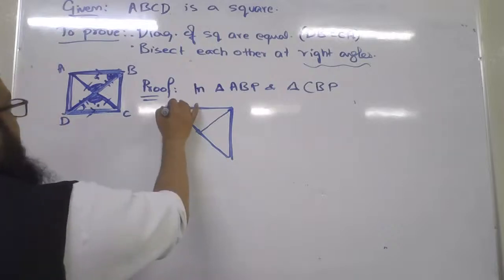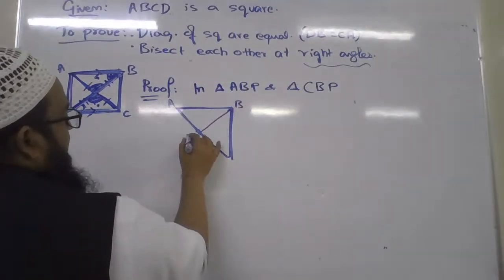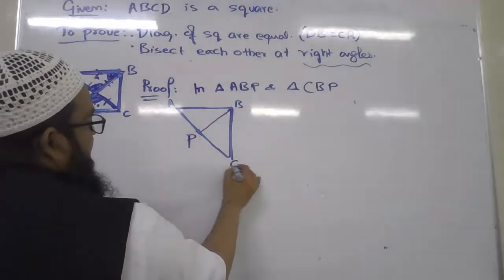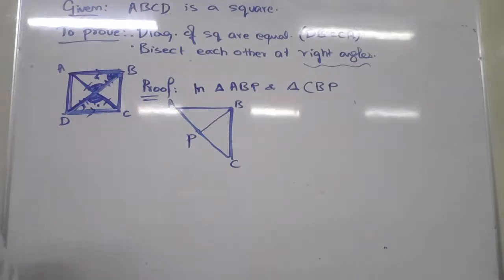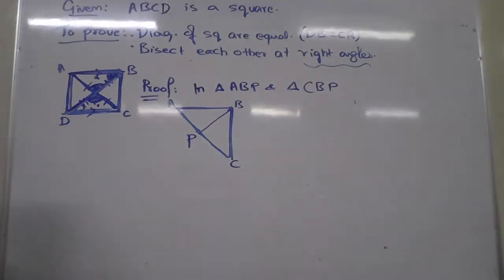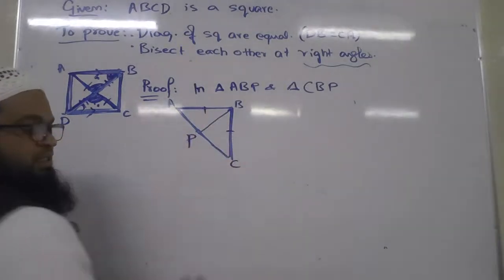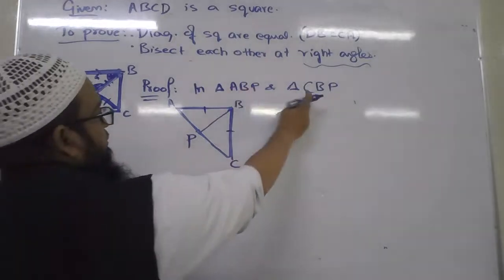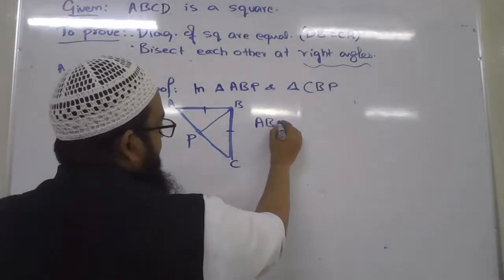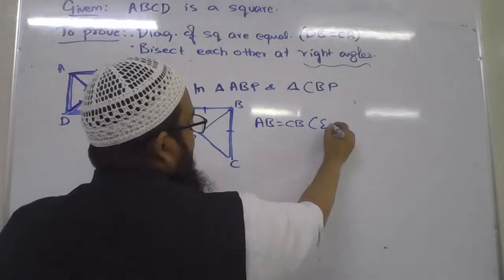Okay, so this is ABP and this is CBP. Now tell me which are the equal parts. We already know AB is equal to CB. Equal sides.